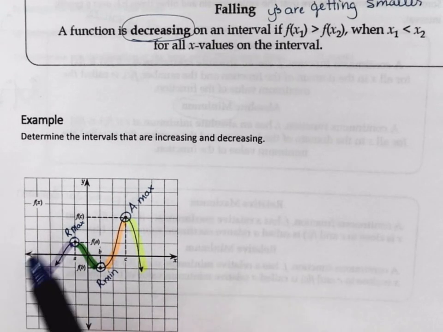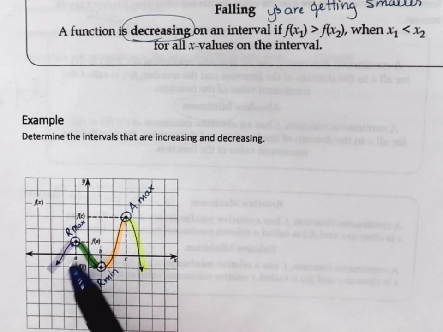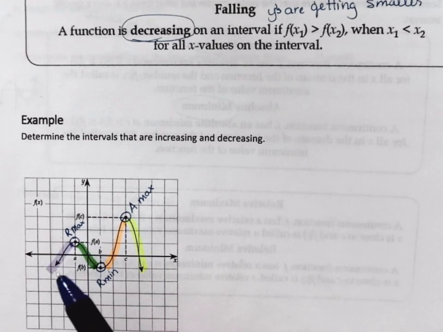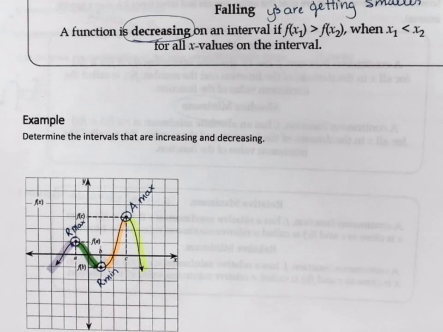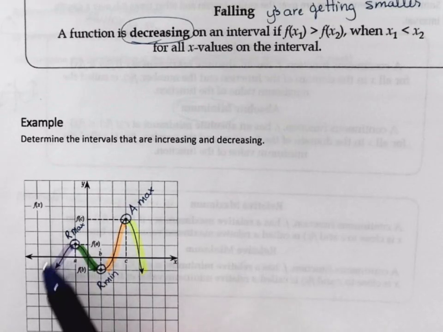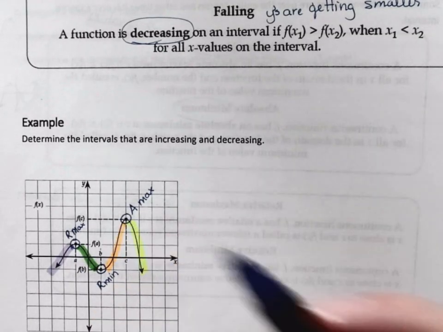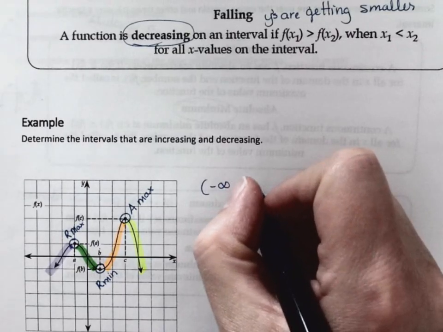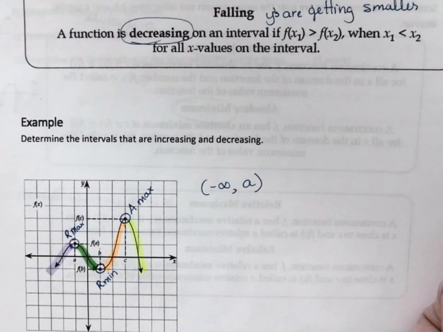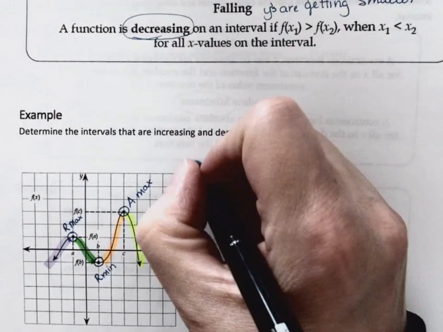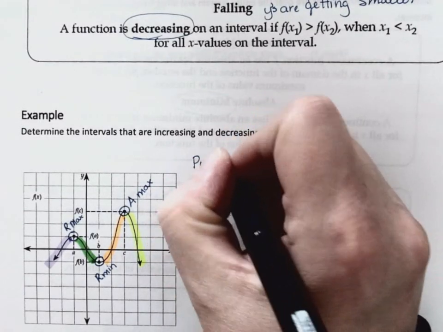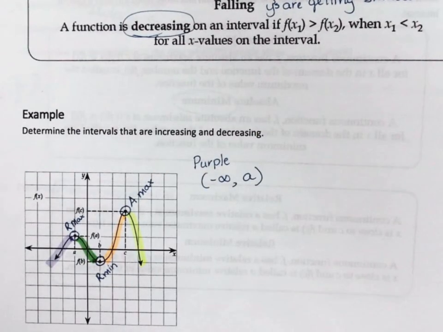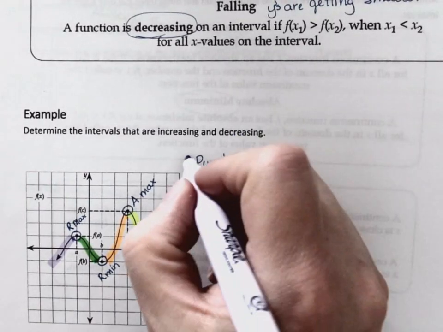So if I want to make a domain statement about the purple part of the graph, what would that be? I'm looking for a domain statement for the purple part of the graph. This is the purple section of the graph.